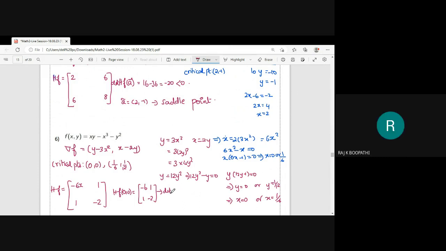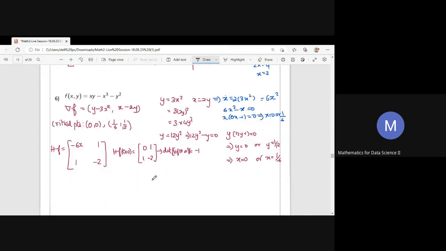At point 0, 0, minus 6x would be 0. So the determinant is -1. If it is -1, then what can you say about 0, 0? It is less than 0, so this is a saddle point.